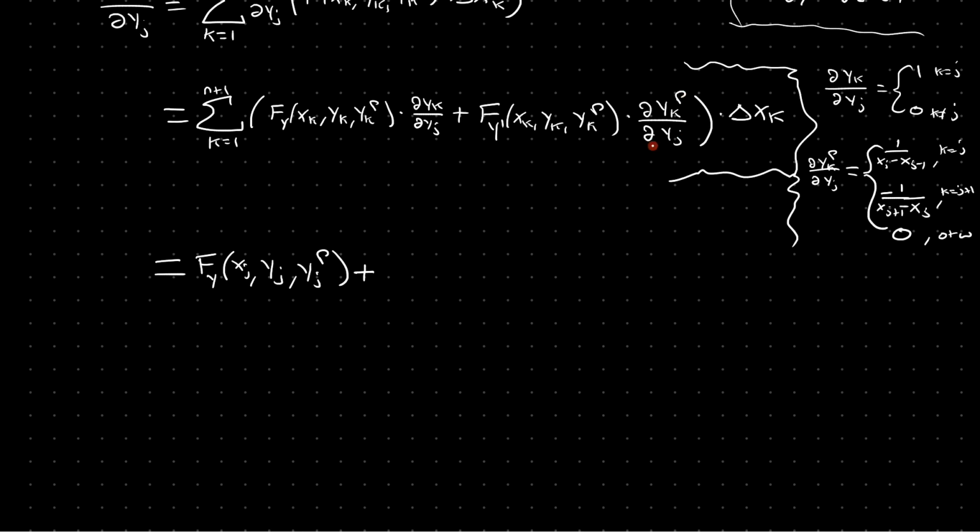The first when k equals j, and the second when k equals j plus 1. Oops, and I forgot one thing here. I forgot to multiply through by delta xk here, which is a delta xj, because this is non-zero when k equals j.